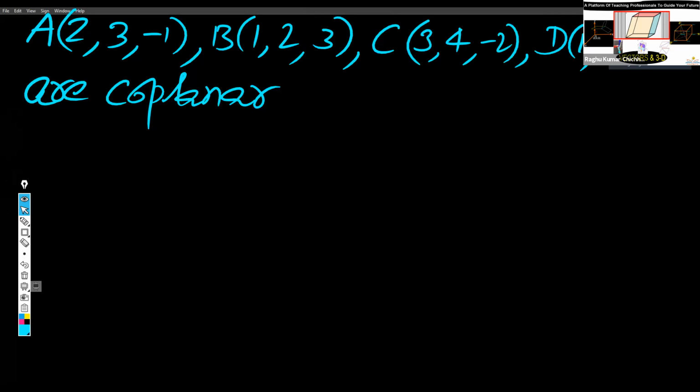That is the reason why he gave 4 points there. It is given that they are coplanar. So what is to be done now? Now you have to convert them to 3 vectors like this.